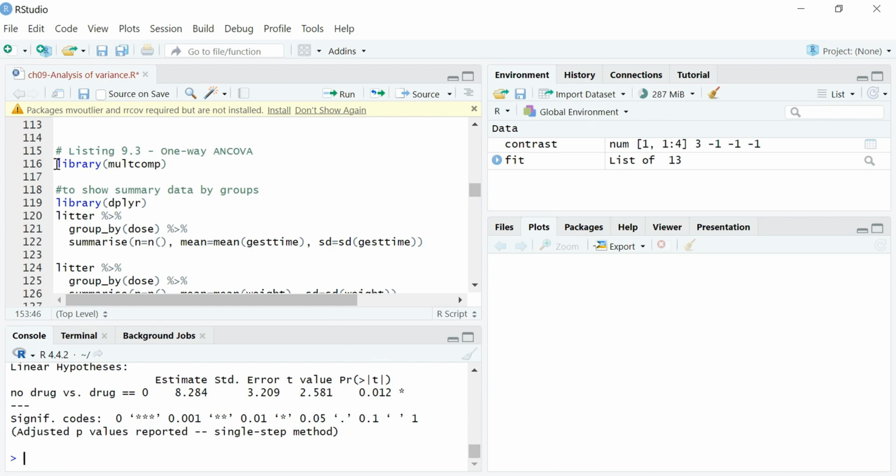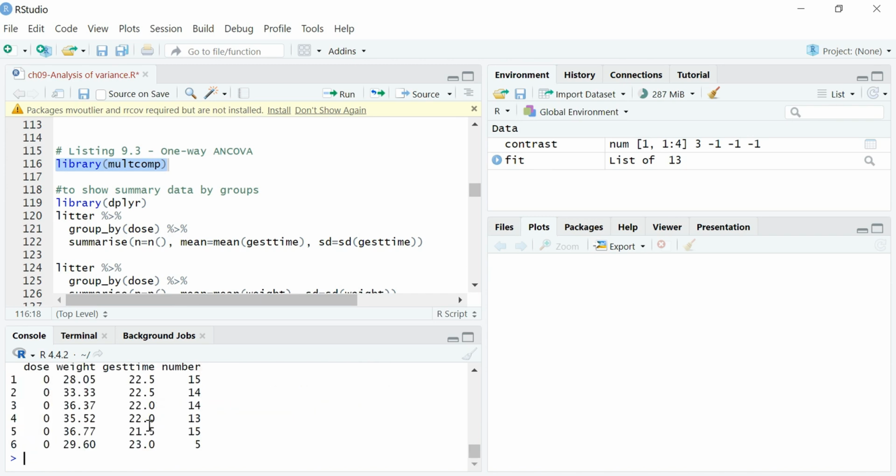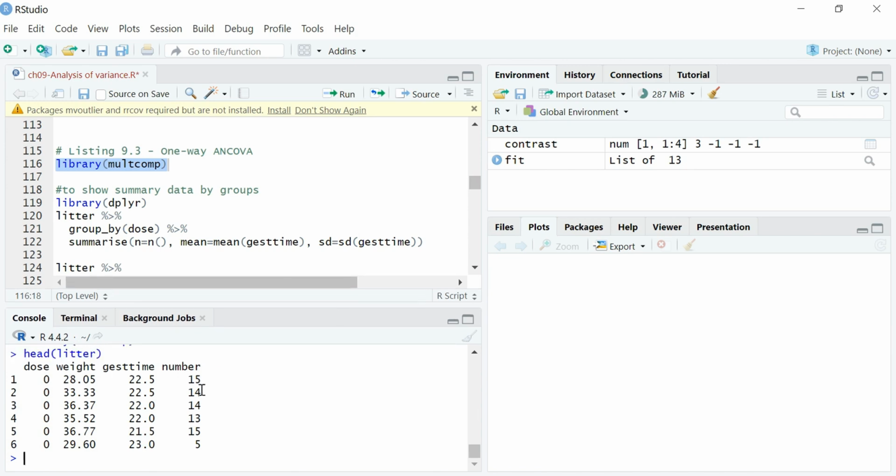First, we load the library multcomp, because the dataset called litter is inside this package, and we show the dataset. This data frame is quite simple.